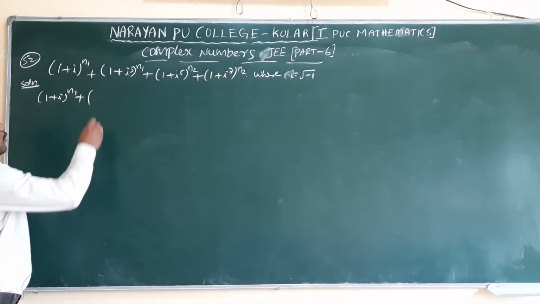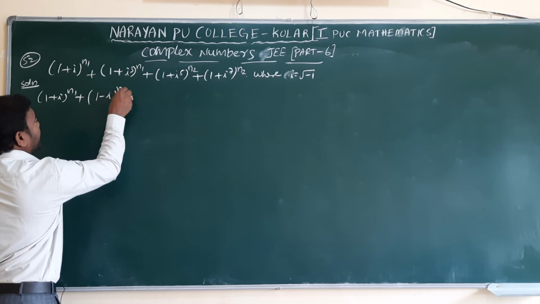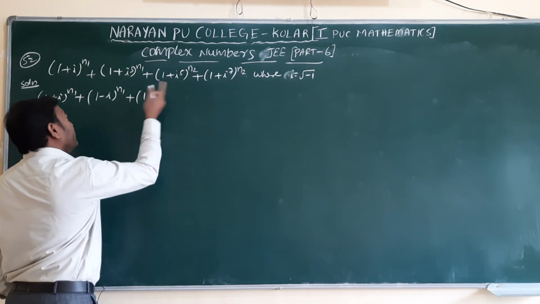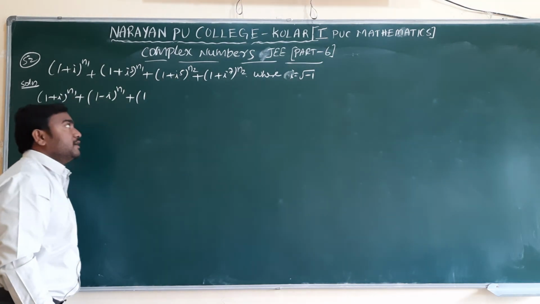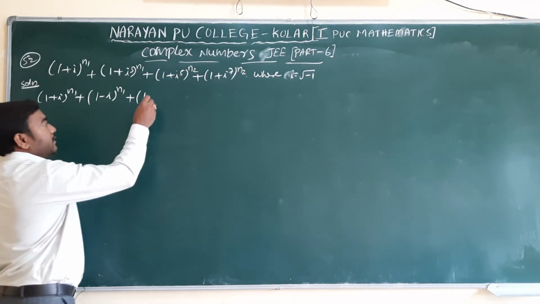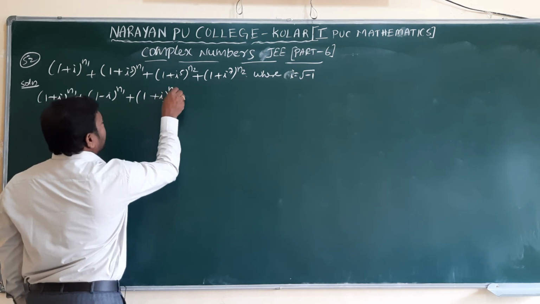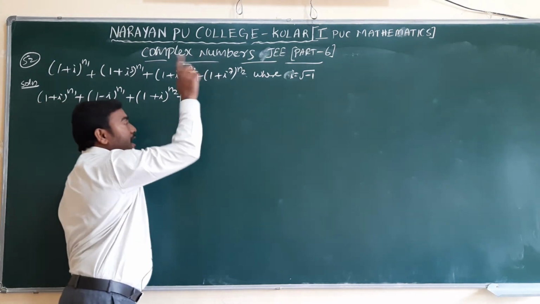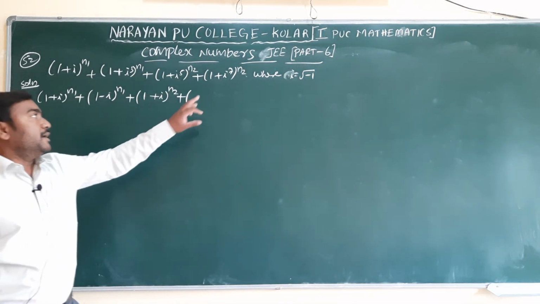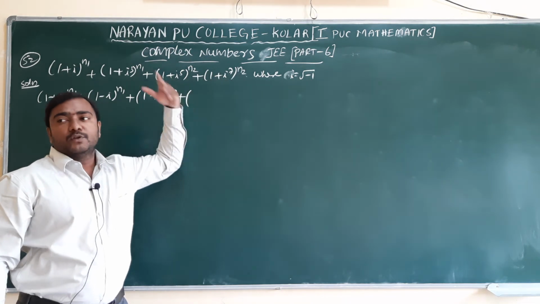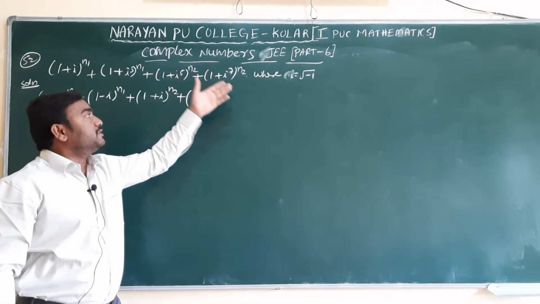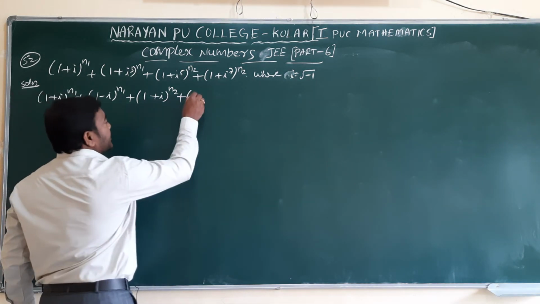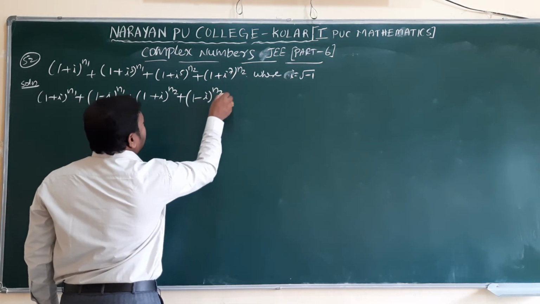So we get (1 + i)^n1 + (1 - i)^n1. Then i to the power 5 is i to the power 4 into i, which is i only, so (1 + i)^n2. And i to the power 7 is (i squared) cubed into i, that is minus 1 into i, so minus i, giving (1 - i)^n2.